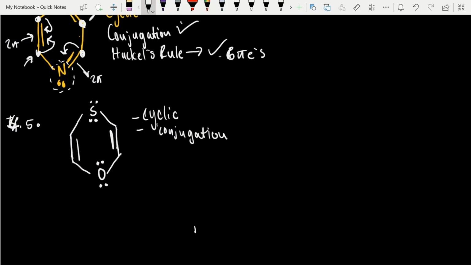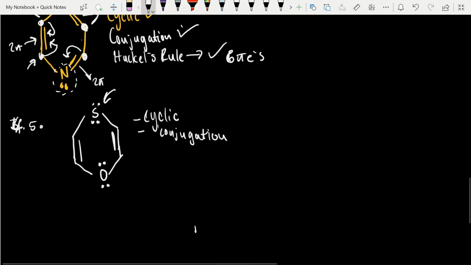We need a p orbital at every point. So if it's a carbon, we need it to have a double bond somewhere. And how do we know if this S is going to have a p orbital? Because sometimes it doesn't. If it doesn't, then definitely you know that you can't say it's aromatic. But what you do is you know that one of these two lone pairs is going to go into a p orbital, and that's for stability and resonance. That's for another day.